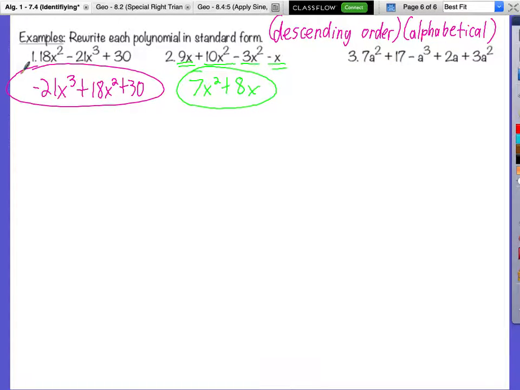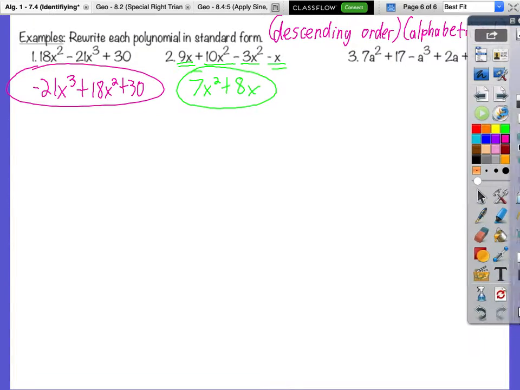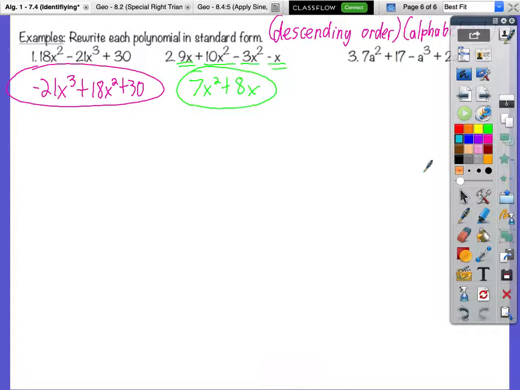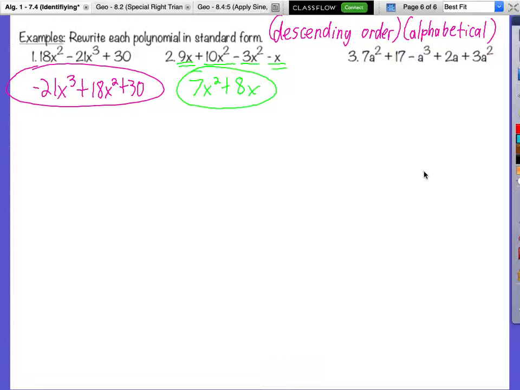I want you to do the third one on your own. Kind of the same process. Once you have it, raise your hand and we'll check it.